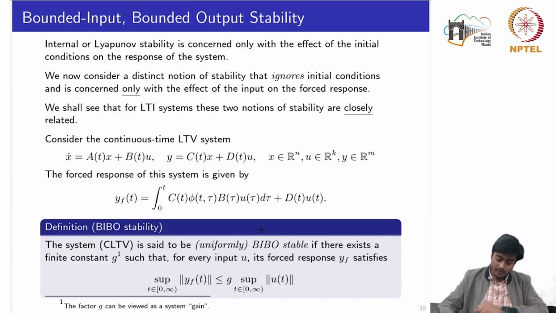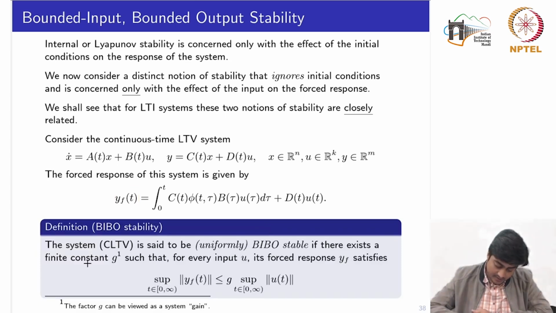The definition of BIBO stability is given as follows: the continuous time linear time varying system is said to be uniformly bounded input bounded output stable if there exists a finite constant G. Here you can consider G as a system gain, such that for every input U, its forced response Y of F satisfies this inequality.